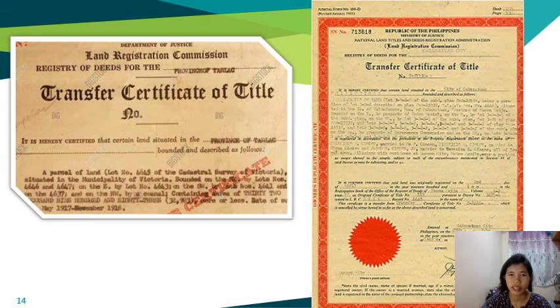Okay, we have here a sample of a Transfer Certificate of Title. So, just in case, for example, yung ginawa mong subdivision plan is na-approve and the client wants, gusto niyang matituluhan yung lupa niya. So, he can apply for the titling, either judicial or administrative, and the Register of Deeds is going to issue the Certificate of Title.